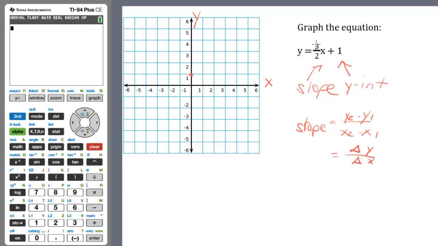The top number tells you how much the y value changes, and y goes up and down. And the bottom number tells you how much the x value changes, and x goes left and right. So the top number says positive 3. That means we go up from this point, 1, 2, 3. And the bottom number 2 says we go over 1, 2. So we put a dot right there.